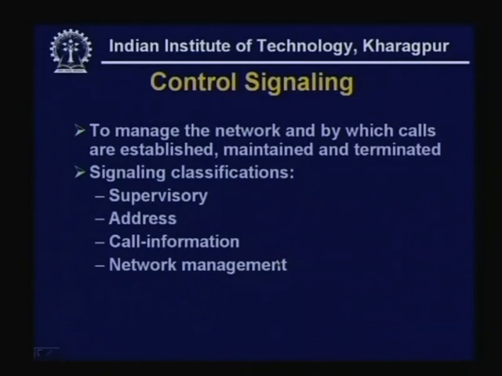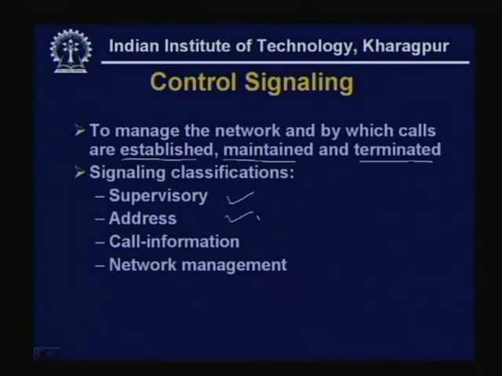Apart from routing, the nodes must send control signaling to manage the network, by which calls are established, maintained and terminated. To perform these functions, various types of signals are to be generated. For example, supervisory signals, which essentially give you the availability of resources.